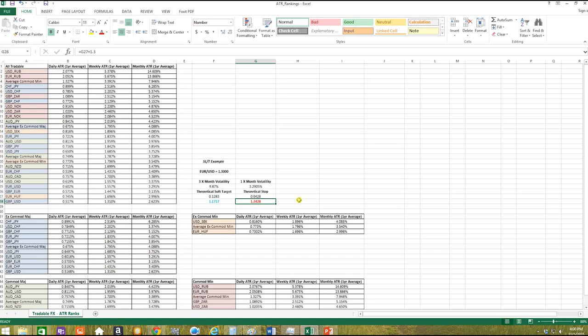Now, if we did the opposite of being ill-disciplined and we wanted to be ultra-disciplined and said, well, why don't we have a stop of 131? Well, it just means we can be stopped out very, very quickly. And we're not really giving ourselves a sensible chance of making money in this scenario.